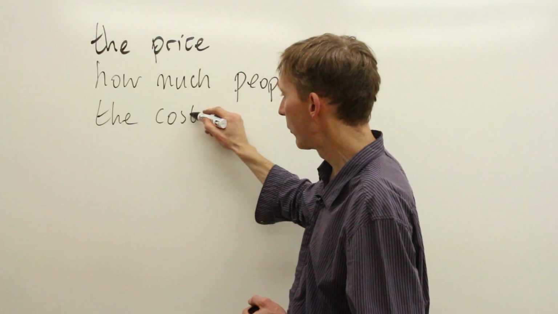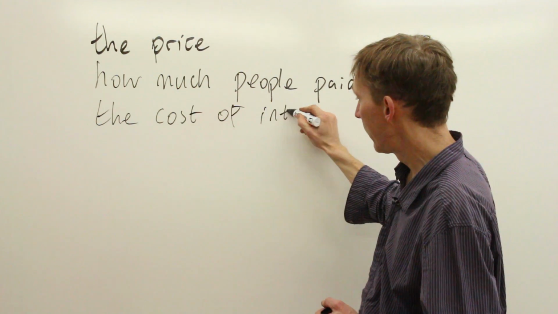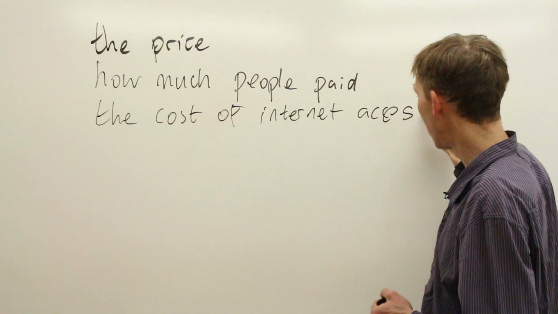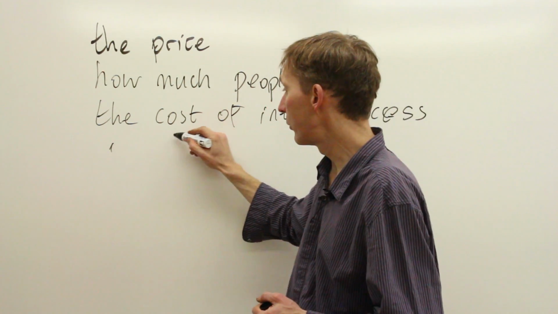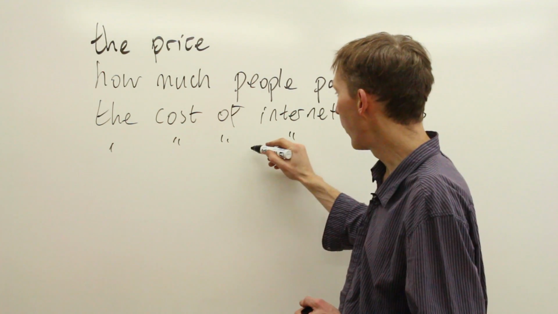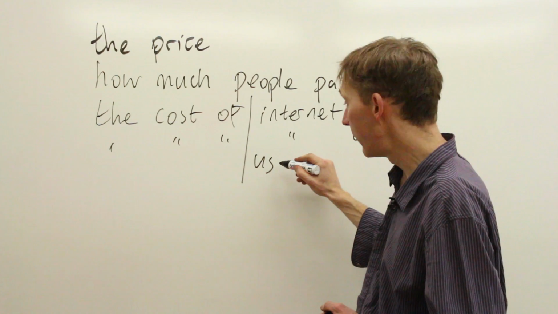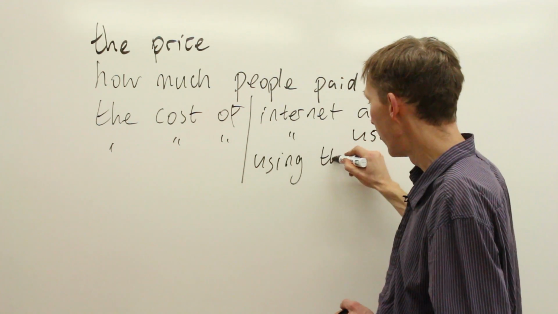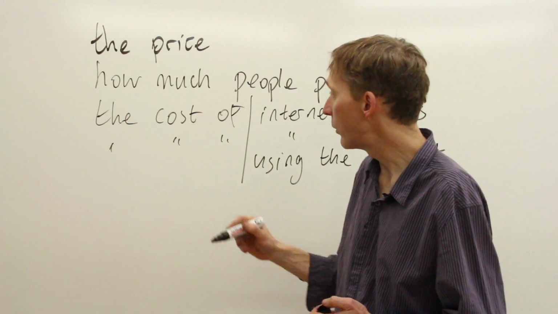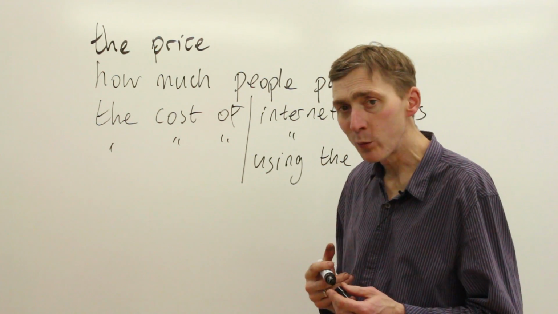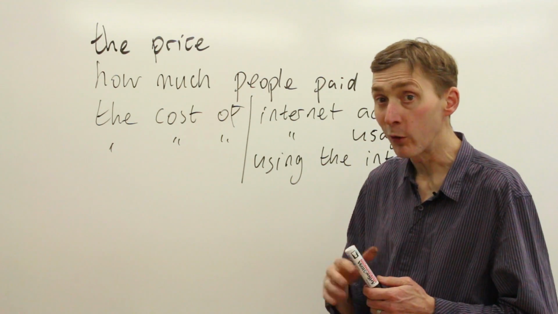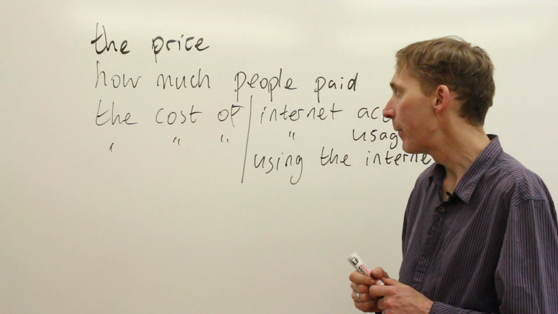We could talk about the cost of internet access, or the cost of internet usage, or the cost of using the internet. Okay, so we've got four or five different ways of expressing that idea, which is different to the one in the question, or a little bit different to that in the question.